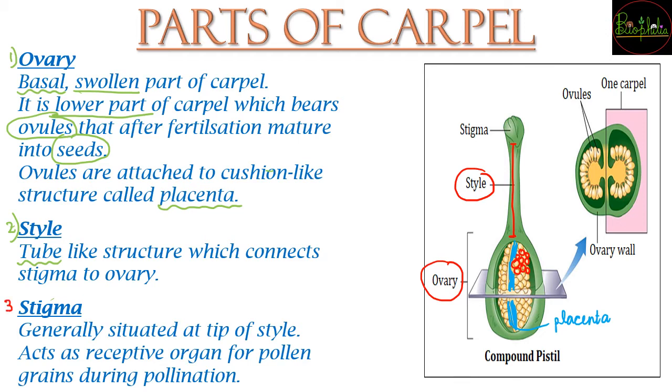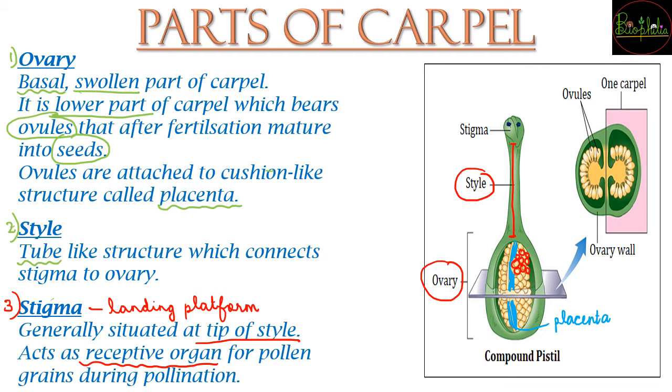The third is going to be the stigma, which is generally situated at the tip of the style, and it will act as a receptive organ. Receptive organ because pollen grains will come and sit there during pollination. So the stigma can also be called a landing platform, because just as a helicopter lands on a helipad, pollen grains are going to be deposited onto this stigma.